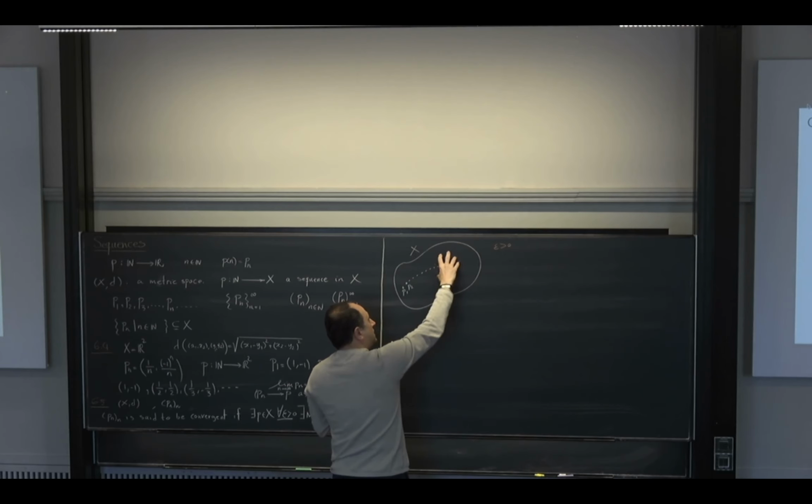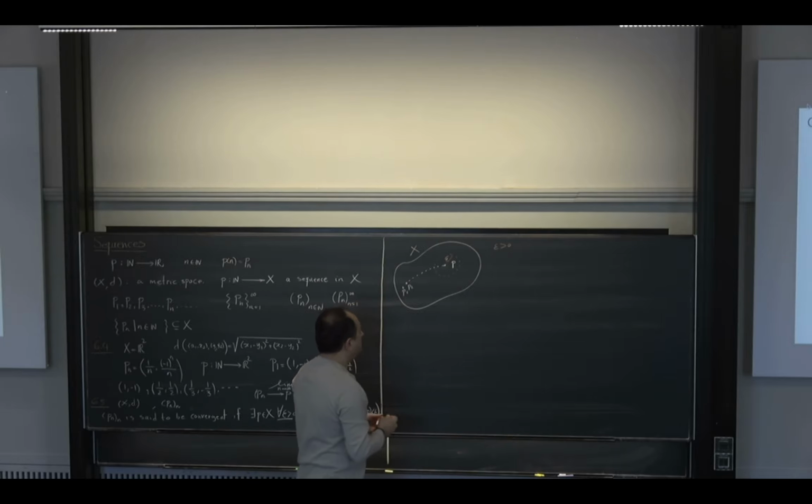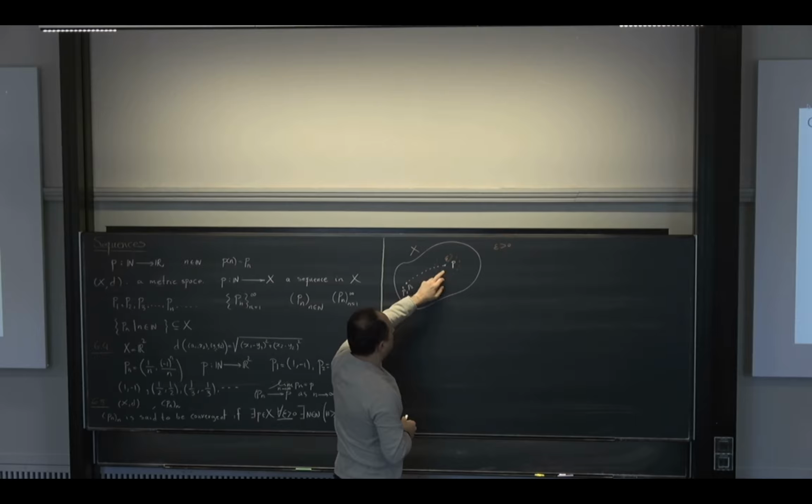If I make this epsilon smaller, and still infinitely many of them are inside, finitely many of them are outside, and if I make the epsilon even smaller and this still happens, then I would say that this sequence converges to P.